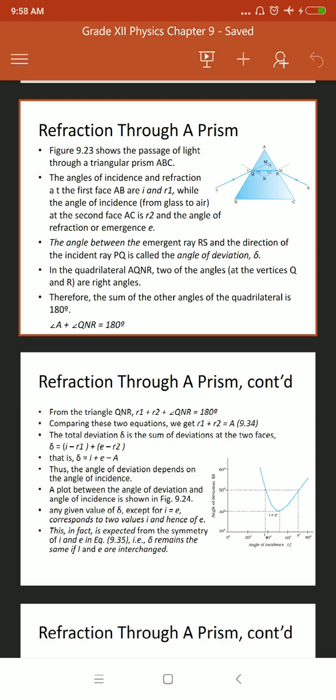Therefore their sum will be 180 degrees.